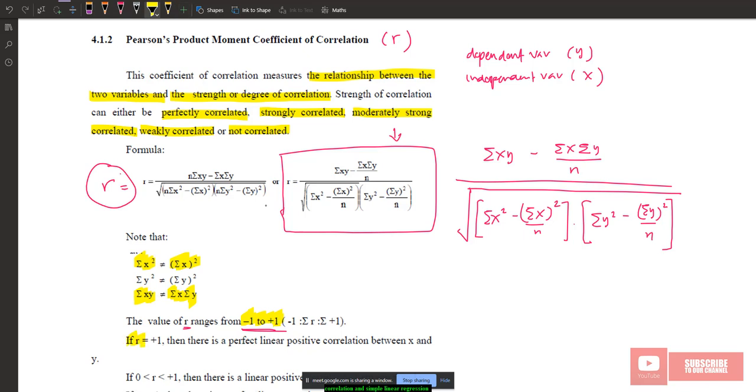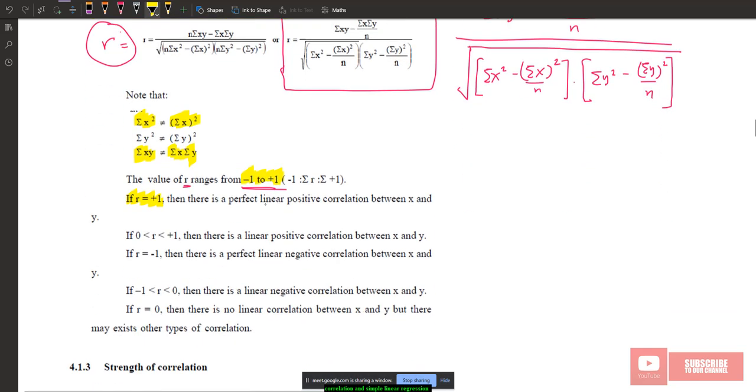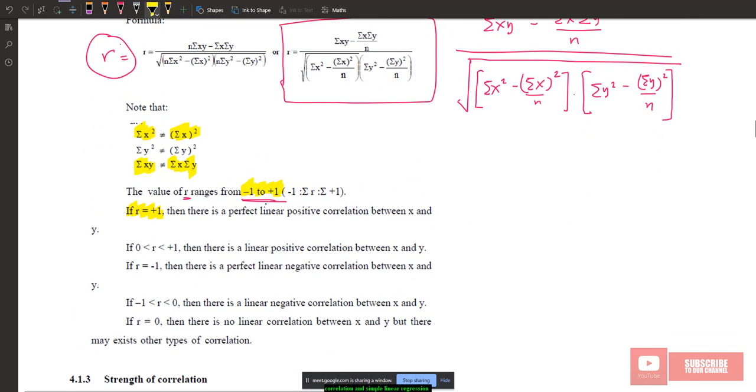So when R is equal to +1, we can say that there is a perfect linear positive correlation between X and Y. When R is a positive value, then it's a positive correlation or linear positive correlation.